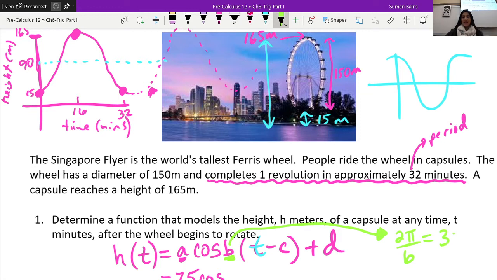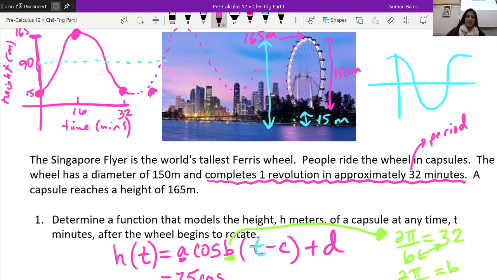The period in this case is 32. I want to work backwards to figure out my B value. So do you see that I can cross multiply these or rearrange them, whatever you want to call it? 2 pi over 32 would be my B value, which is the same thing as what? My B is pi over 16.